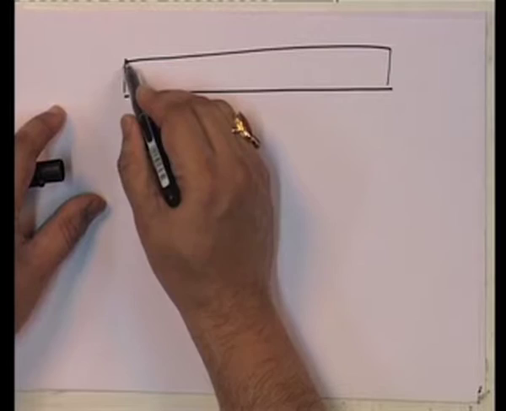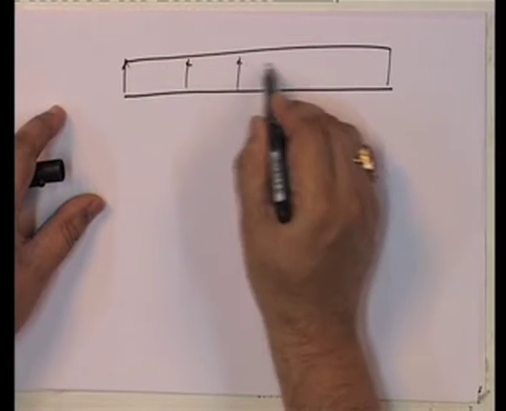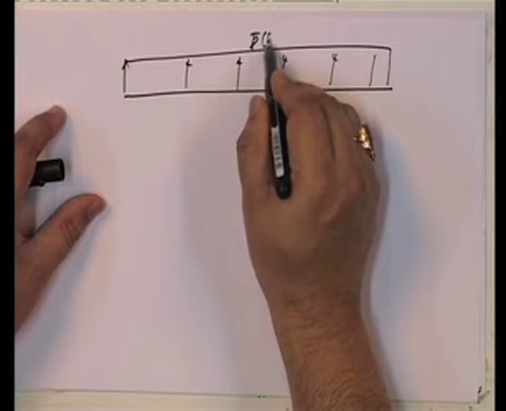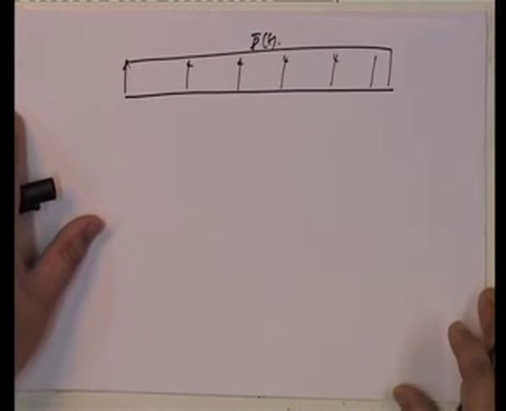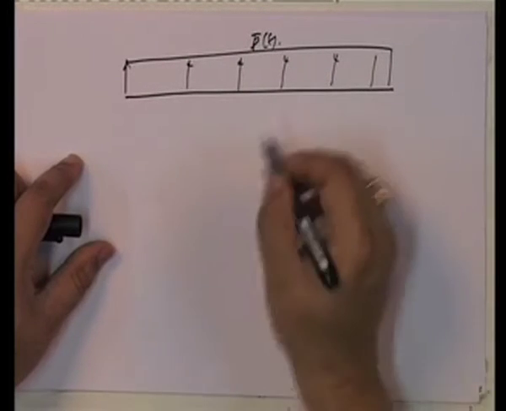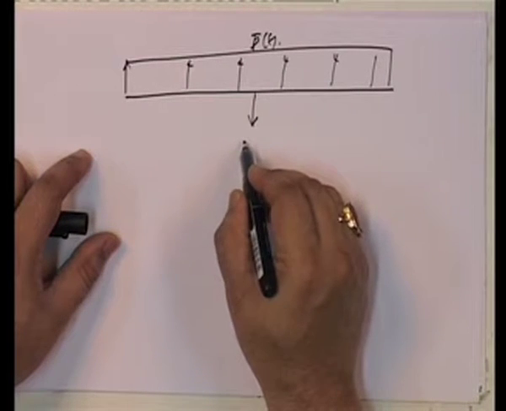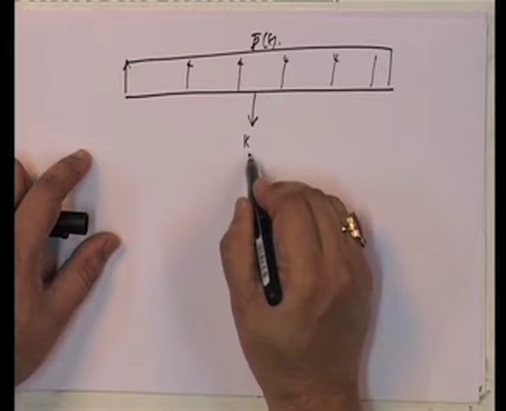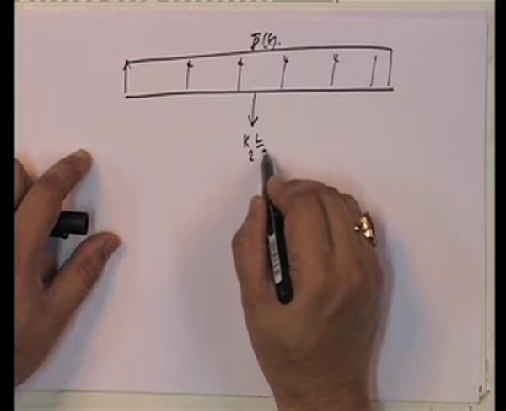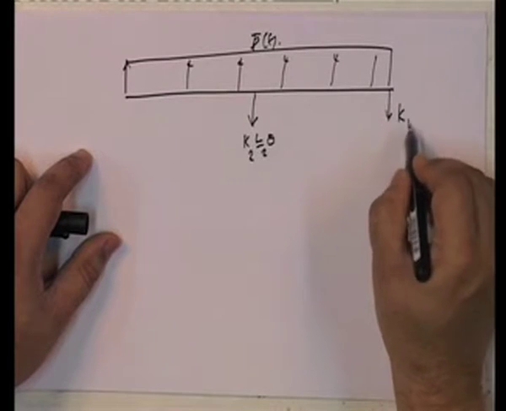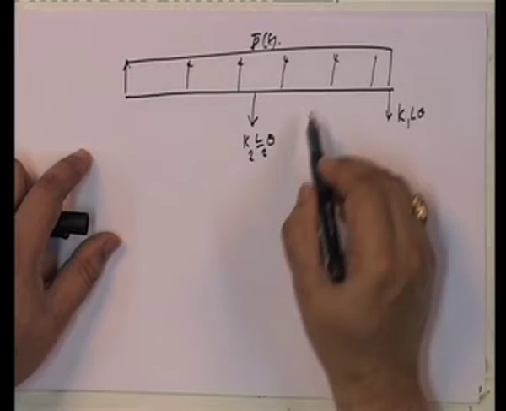We have the UDL, which is given by P bar of t. Then we have the force here, which is equal to K2 into L by 2 theta. Then we have K1 into L theta.